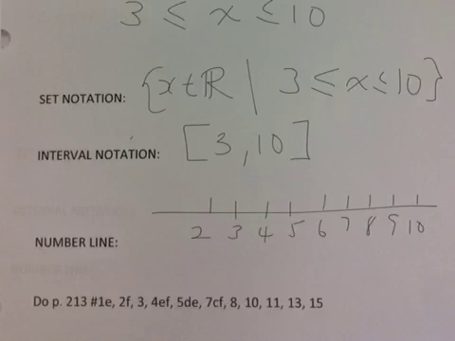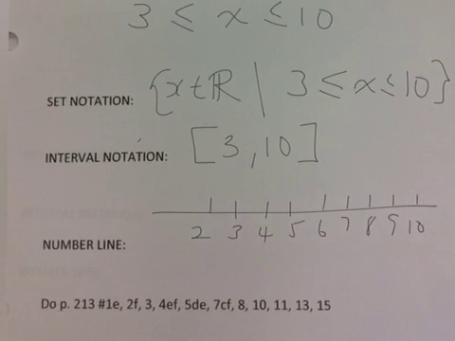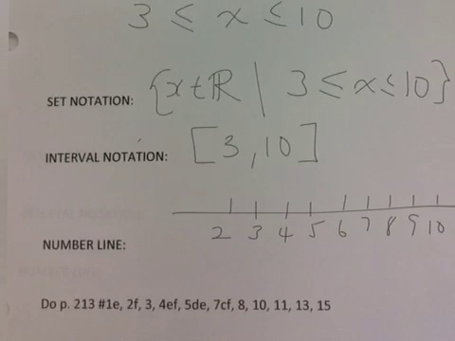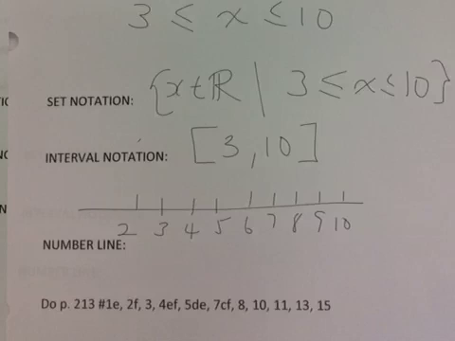And if you want to extend that further, 11, and so on, right? So this is just a sketch. You should be using a ruler. Okay, since we have equal to signs, closed points on 3 and 10, and we connect the 2 points. All right, so that's solving linear inequalities.